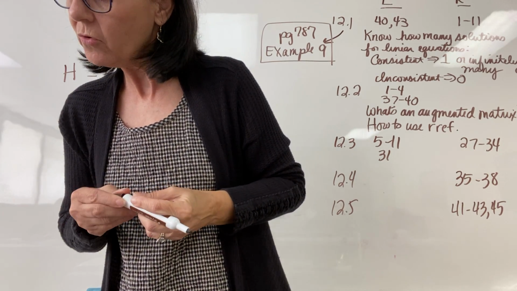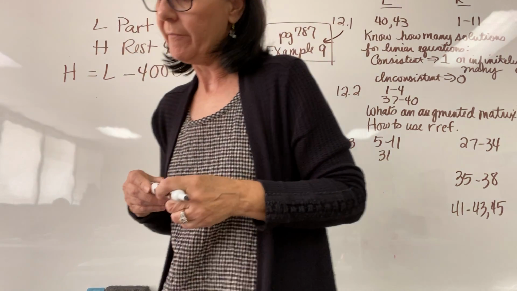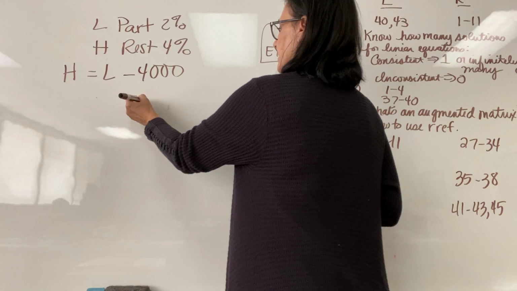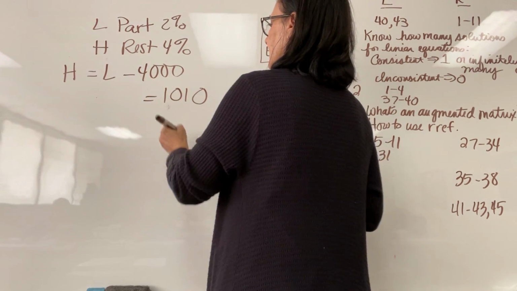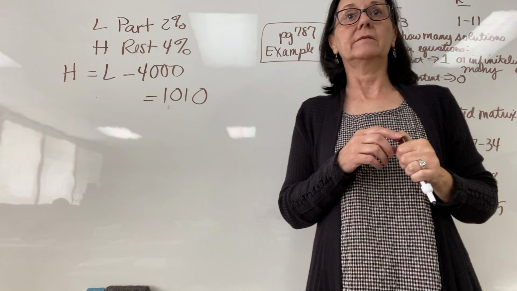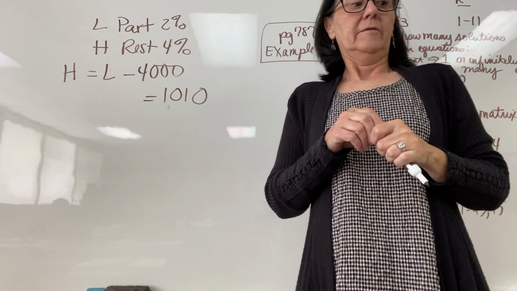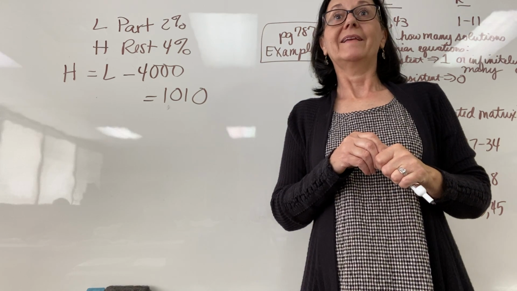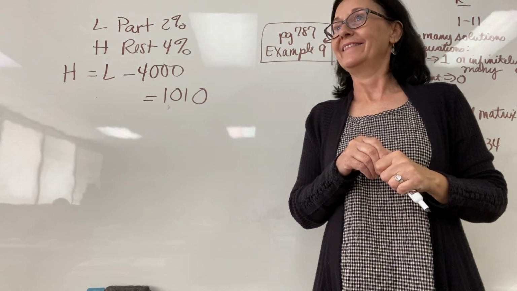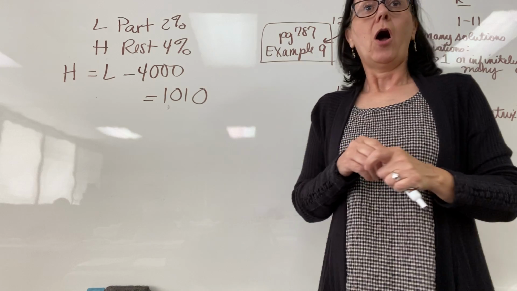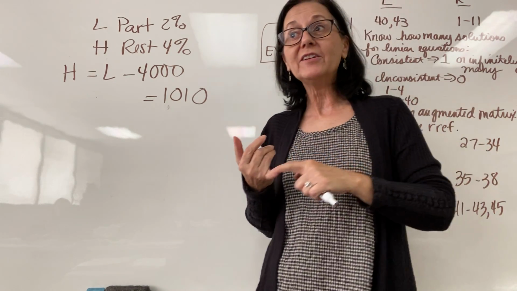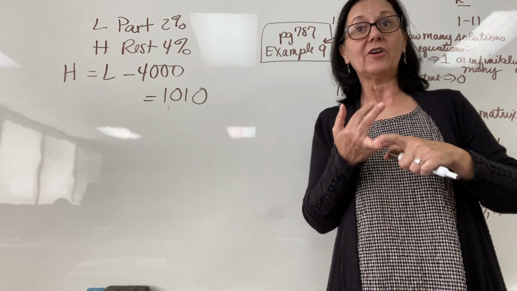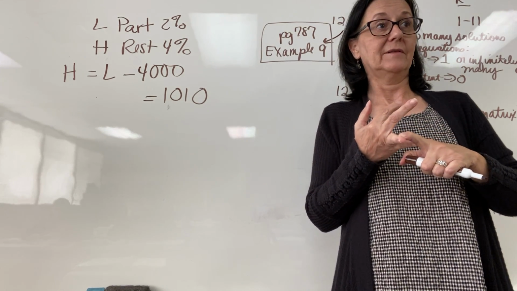And her total annual interest income is $1,010. How do we calculate interest? Yeah, you got it. It would be L plus H. It's going to be the amount of interest I earn on my high account plus the amount of interest I earn on my low account.